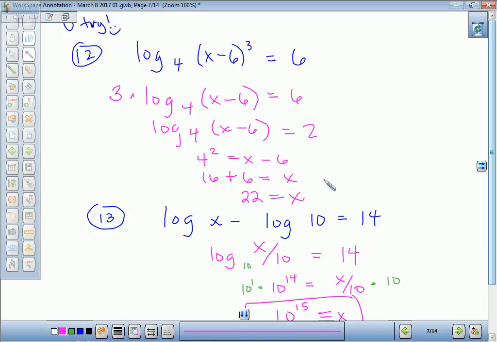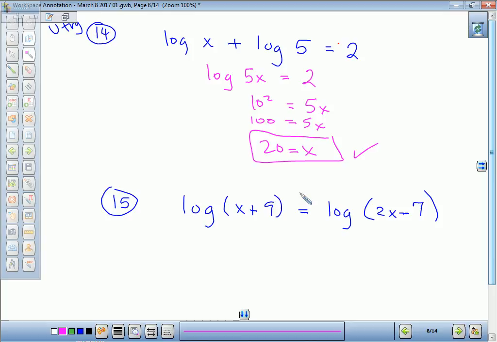That's a valid answer. Let's come back here and look at some of these. If I plug in 22, is this answer part still positive? Yeah, that works. Sometimes we get an answer that doesn't work. And when we plug it back in and end up with a negative answer, then that logarithm is not defined.